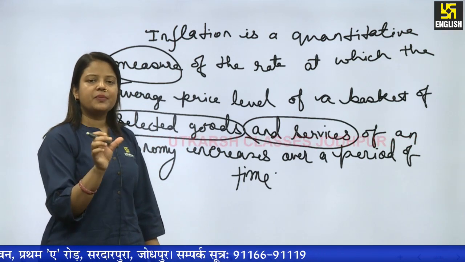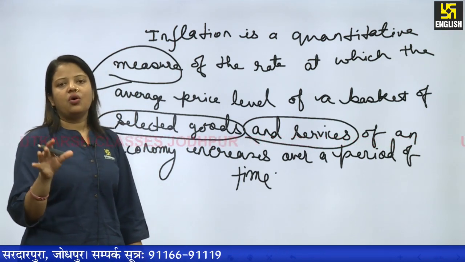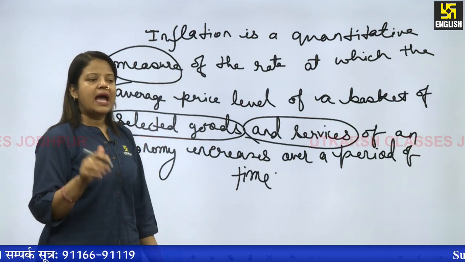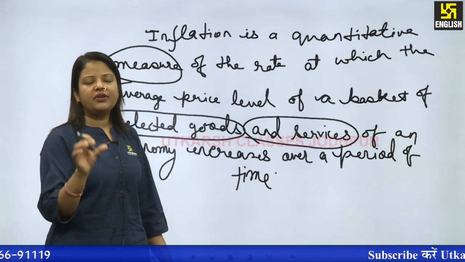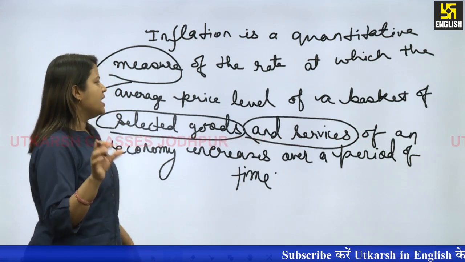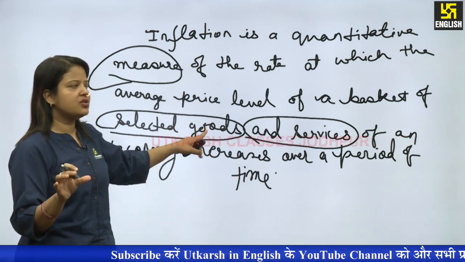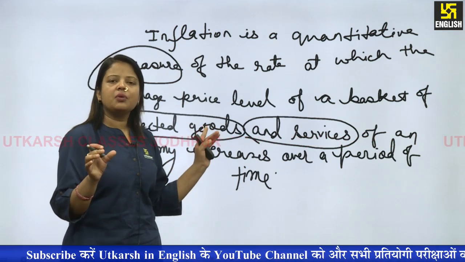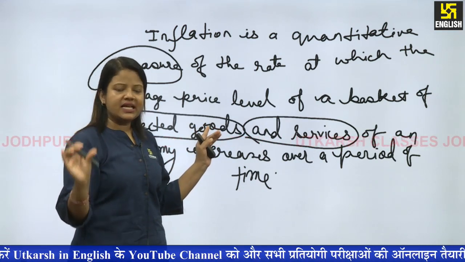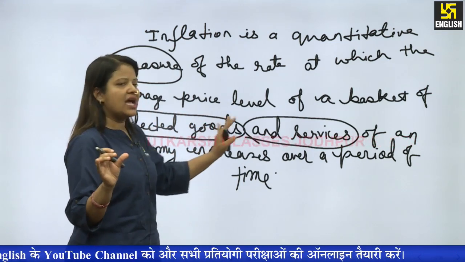These are the measurements of inflation in our economy. When we talk about the wholesale price index, it considers only goods. It considers the change in price of goods only. And when we talk about the consumer price index, we take both goods and services.